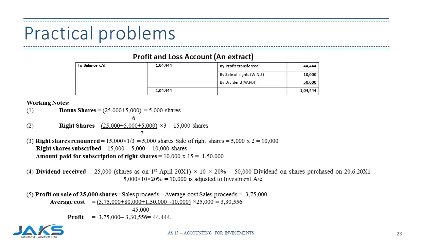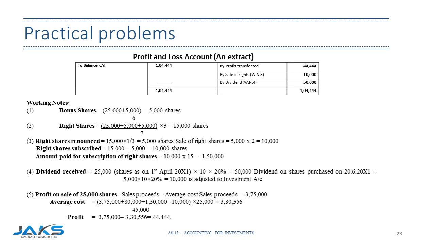Then, we have to determine whether there is profit or loss on sale on weighted average cost method. We know, profit on sale equals sale proceeds minus average cost. And the sale proceeds is 375,000. So we have to find average cost.